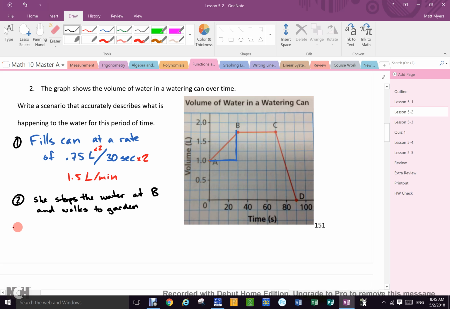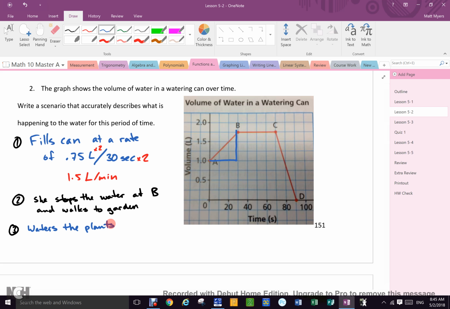And what happens at C? She waters the plants. That will get you some marks. How can we get more marks? You describe more information to me.